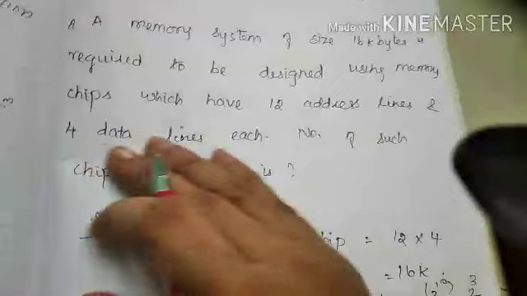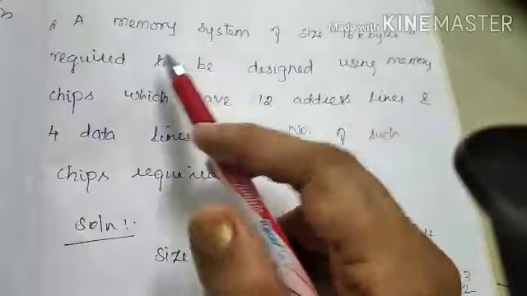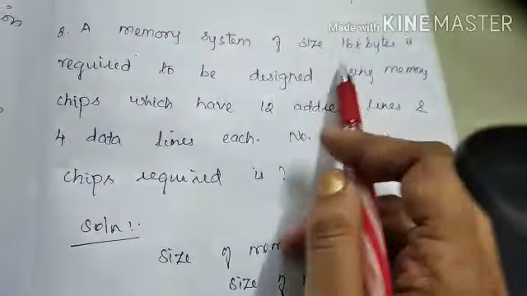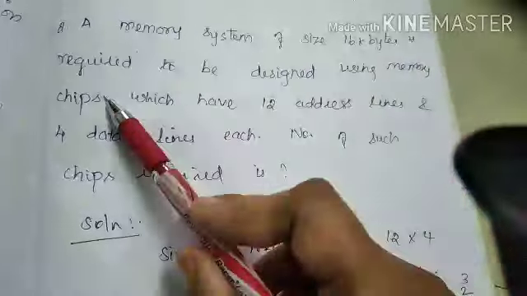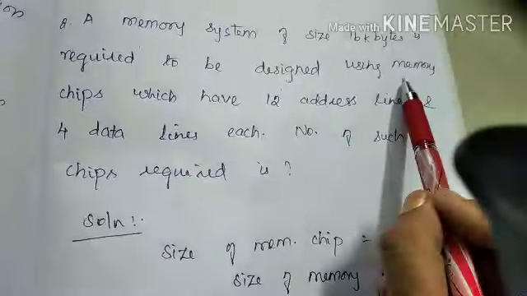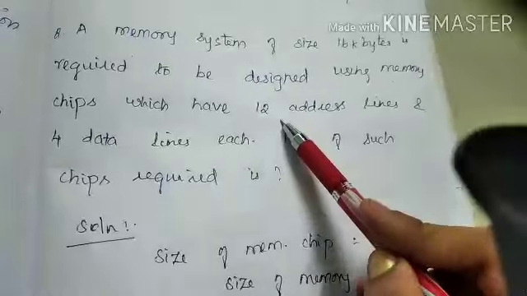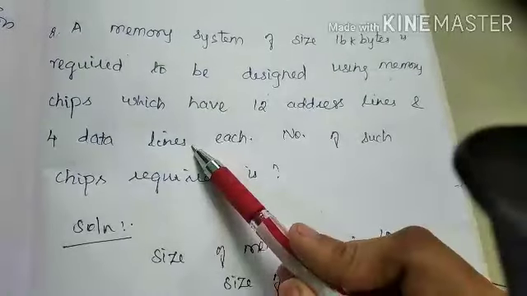Let us see the second example, somewhat different from the first problem. A memory system of size 16K bytes is required to be designed using memory chips which have 12 address lines and 4 data lines each.